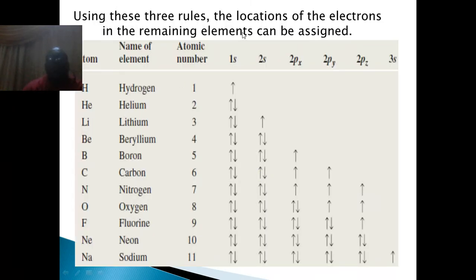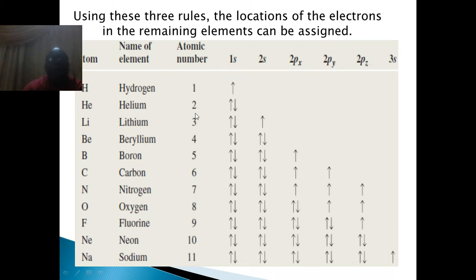Using these three rules, the locations of the electrons in the remaining elements can be assigned. And examples have been given for us here from hydrogen to sodium, showing how we can write the electronic configuration. This is for hydrogen, the atomic number is 1, and so the electron goes to the 1s orbital.